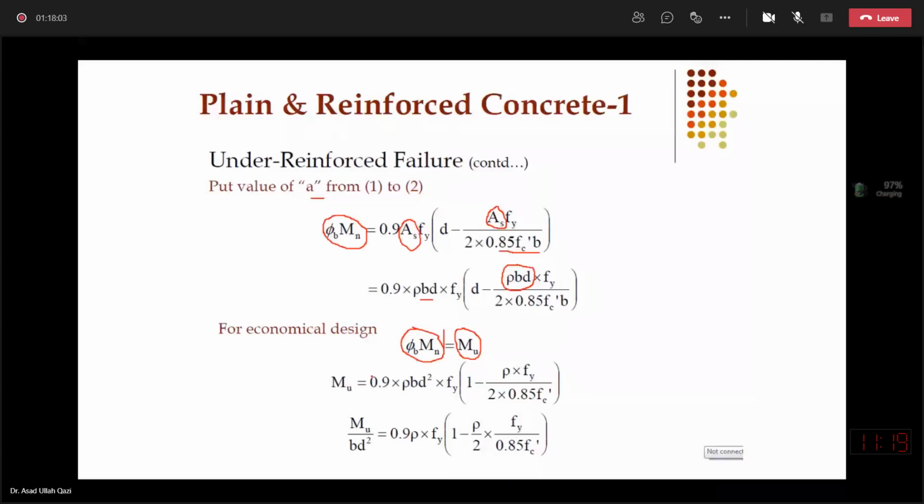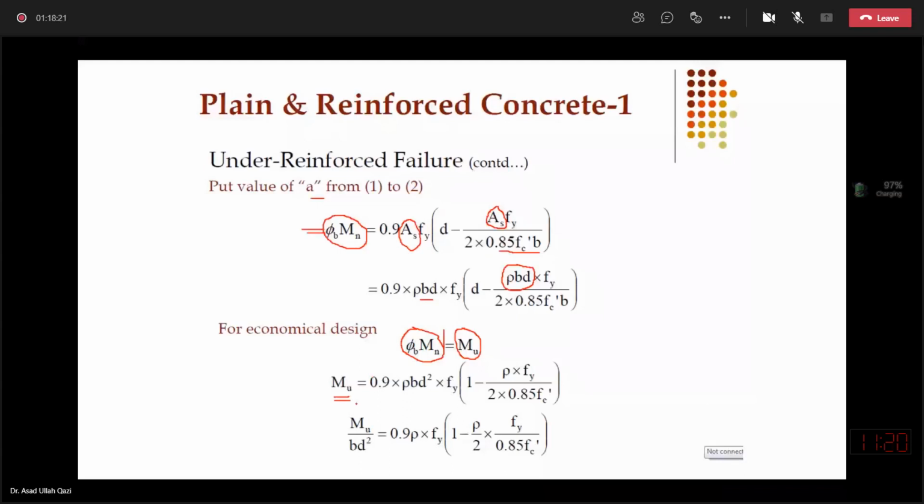And that Mu you will equate with the ultimate moment resistance. So what I am doing is comparing the demand with the ultimate resistance.